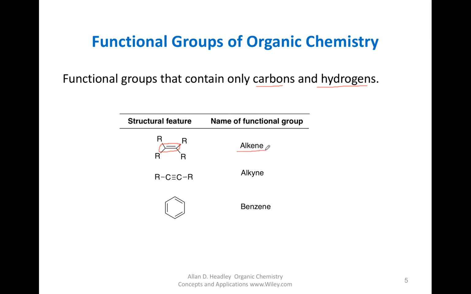And unfortunately or fortunately, you'll have to memorize this or have available a sheet that shows this. If it's a triple bond, it's called an alkyne, A-L-K-Y-N-E. And of course, if you have this system, here's a six-membered ring with 3 double bonds in the ring, it's called benzene. So once again, you should be able to recognize these functional groups in an organic molecule.